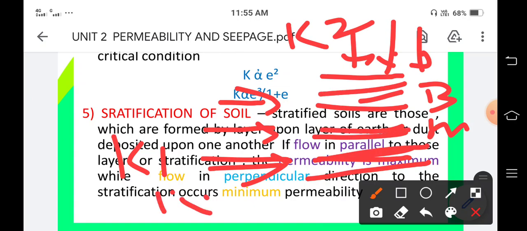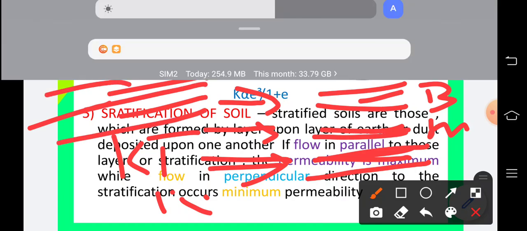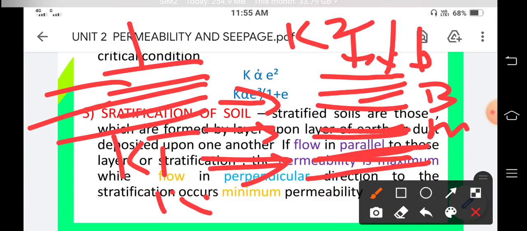When the flow of water is parallel to the stratification, अब ये देखो ये ऐसा लेयर है, पानी ऐसा जा रहा है, बराबर ना, तो इजीली पानी पास हो जाएगा. तो यहाँ से ऊपर से पानी पास नहीं हो जाएगा, मीन्स ये फ्लो परपेंडिकुलर हो गया ऊपर से. So if the flow of water is parallel to the stratification, permeability will be more, so there will be easy flow of water.